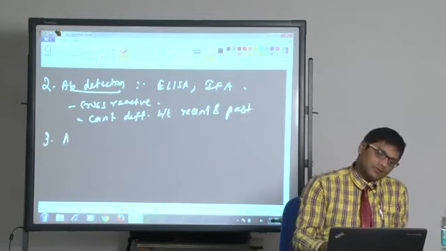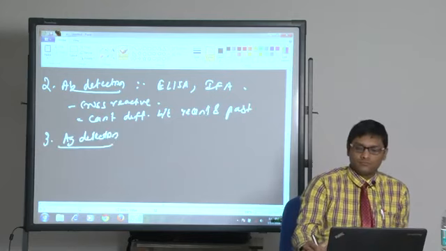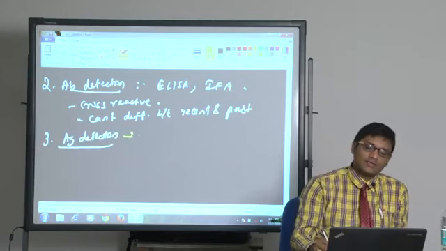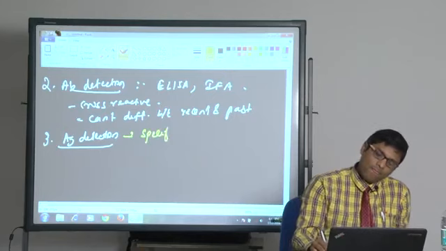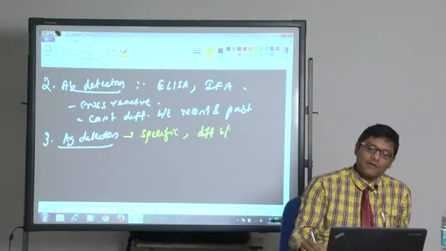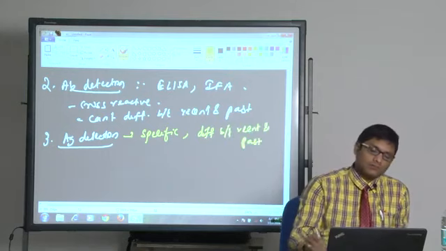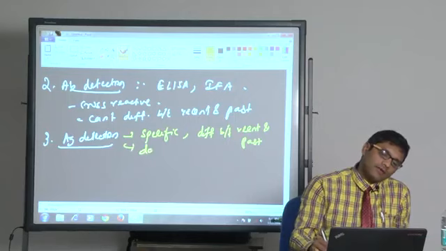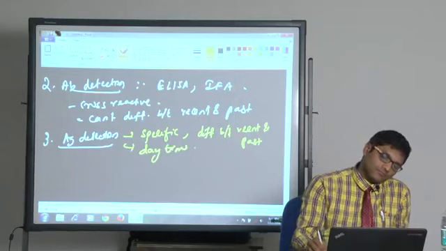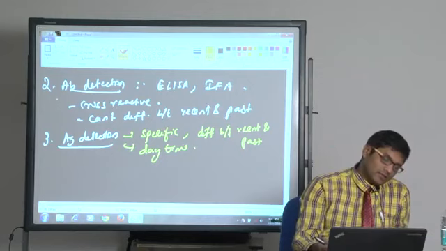In contrast, antigen detection is very popular. Antigen detection is specific, as well as it can differentiate between recent and past. Antigens can be detected even during daytime. Two antigen detection methods are available.